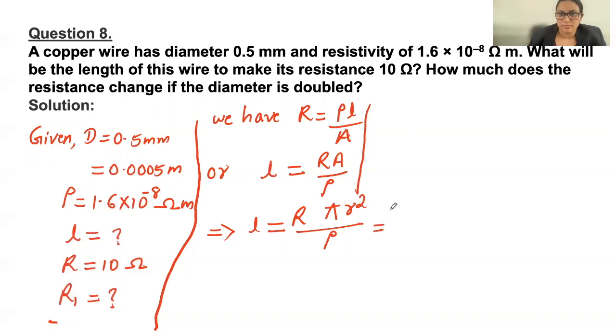R is not given, but what we have is the diameter. There is a relation connecting radius and the diameter. It's nothing but diameter divided by 2 gives you the radius.